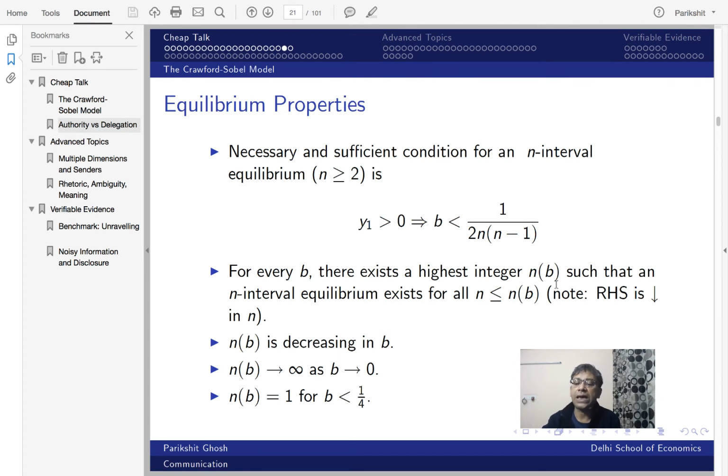So n of b is the highest integer which satisfies this inequality, right? And that describes the most informative equilibrium in the Crawford-Sobel model. And notice that n has to be finite. As you take n towards infinity, no matter how small the bias is, eventually it will end up violating this inequality.